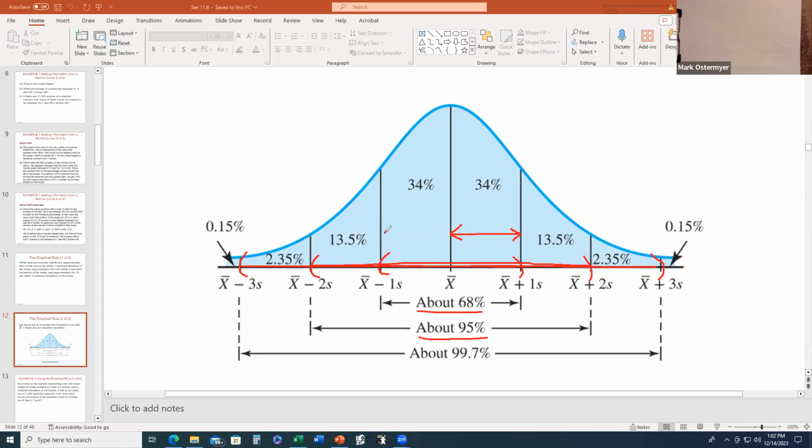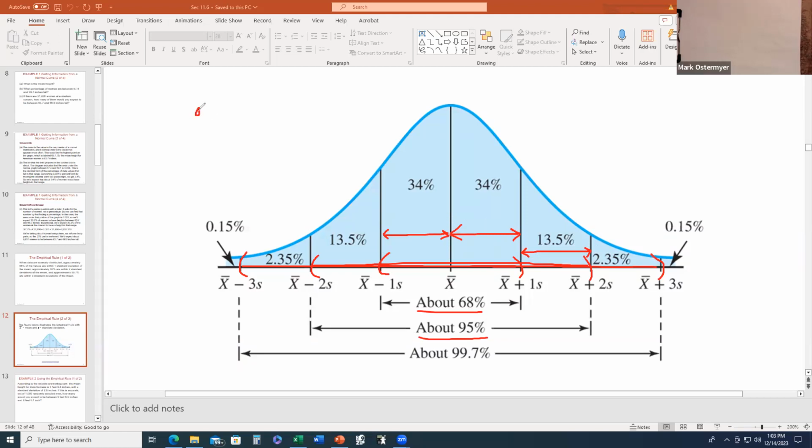And notice 34% of our observations would be found from the mean down to one standard deviation below the mean. About 13.5% of our observations would be found between one standard deviation above our mean to two standard deviations above our mean. In this little interval here, we would expect 13.5% of our data values to fall.